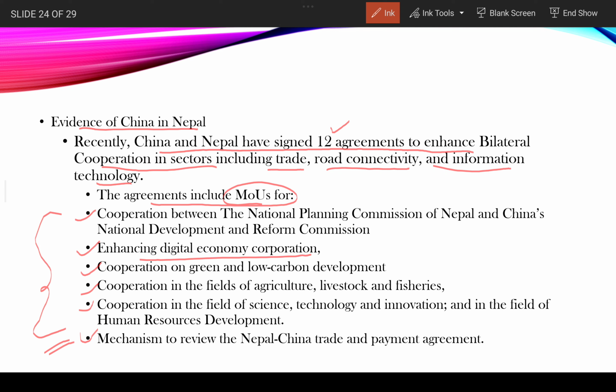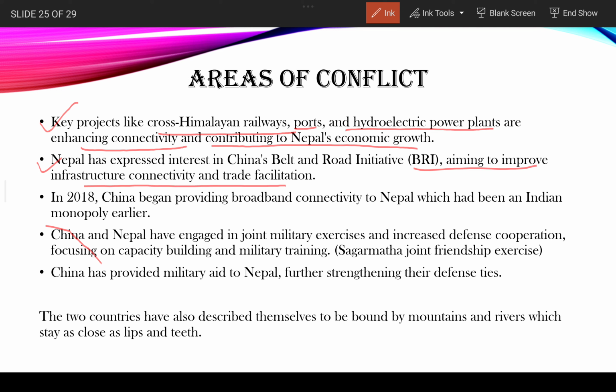Key projects like cross Himalayan railways, airports, and hydroelectric power plants are enhancing connectivity and contributing to Nepal's economic growth. Nepal has expressed interest in China's BRI. It joined China's BRI in 2017, aiming to improve infrastructure, connectivity and trade facilitation.